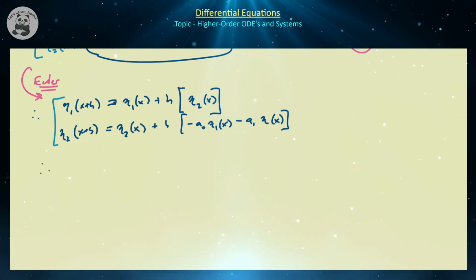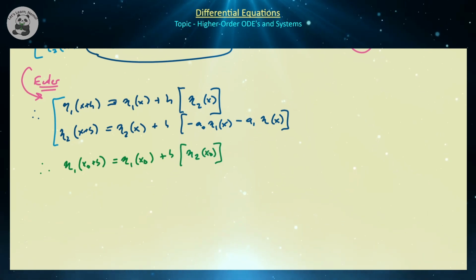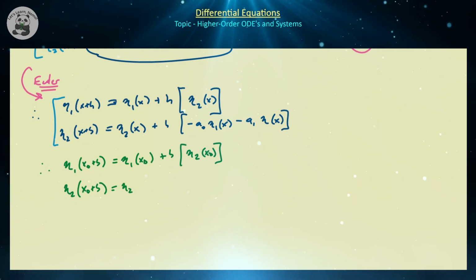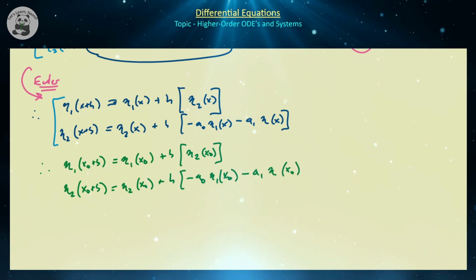Well, that means that, for example, eta 1 of x0 plus h will be equal to eta 1 of x0 plus h times eta 2 of x0, and eta 2 of x0 plus h will be equal to eta 2 of x0 plus h times minus a0. Let's assume that's a constant just for simplicity. Eta 1 of x0 minus a1 eta 2 of x0, and that should be, of course, eta 2.